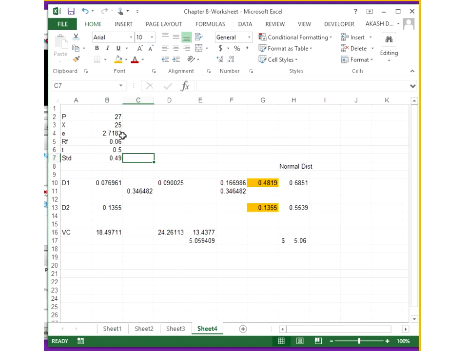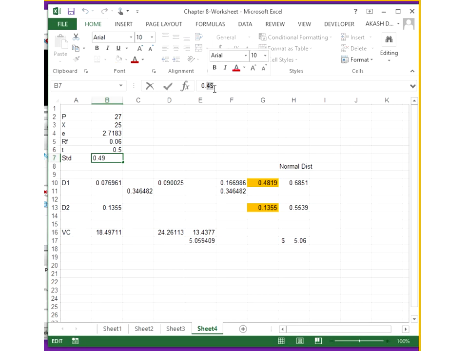Let me just put back the old numbers. There you go. So that's why I love working with Excel, because once you've made your worksheet, you can play around with numbers. You don't have to calculate over and over again. This is done. Now you can change various scenarios.